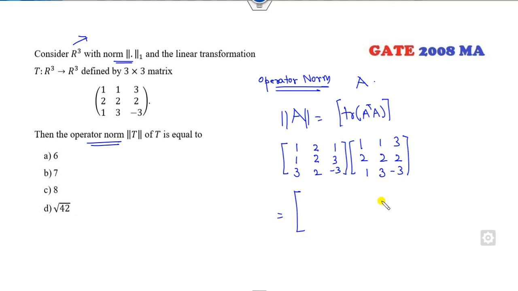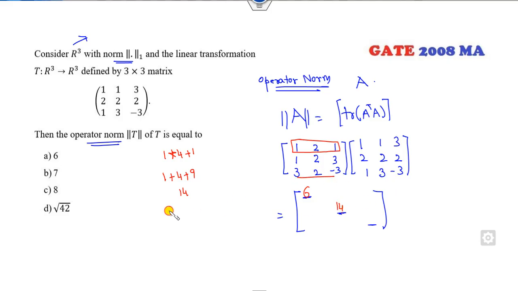Then your target is to find the trace. It means you need only the diagonal values. First row, first column: 1 plus 4 plus 1, which is 6. Second row, second column: 1 plus 4 plus 9, so this is 14.